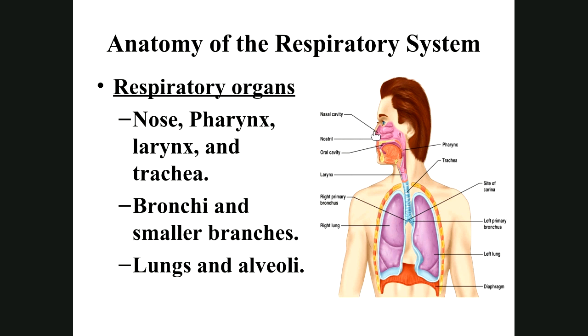Next is the pharynx, then the trachea, then we have the lungs. In the lungs we have the bronchioles, the smaller divisions of the trachea, and the last fine division of these bronchioles is the alveoli. These are the parts of the respiratory system.